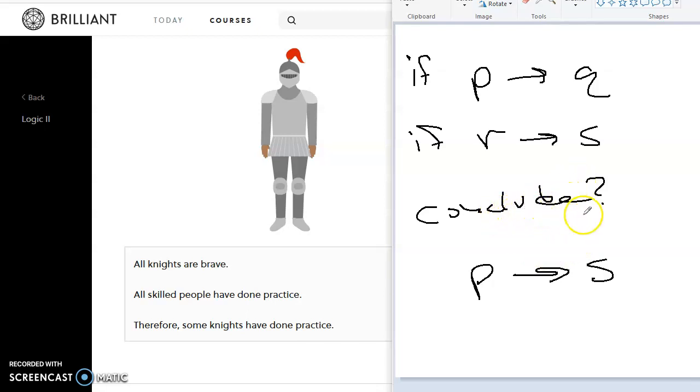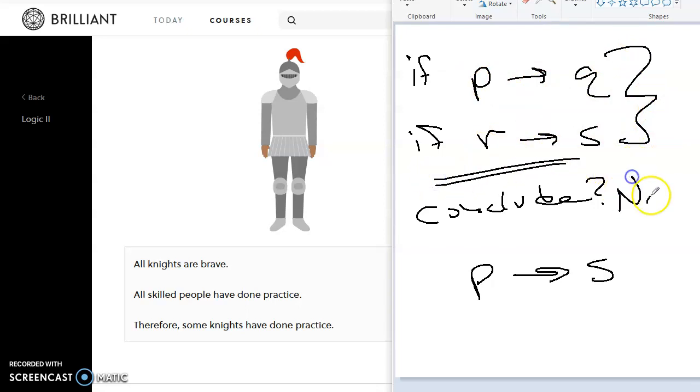They've practiced things, of course, but we cannot draw connections that are not given. We can only use this, so we cannot conclude anything that crosses. We have four completely different categories, and we can't even draw a Venn diagram because we only know that knights is inside the brave category, and skilled people is inside the practice category, but is there an overlap? We don't know. So it is not valid to conclude.